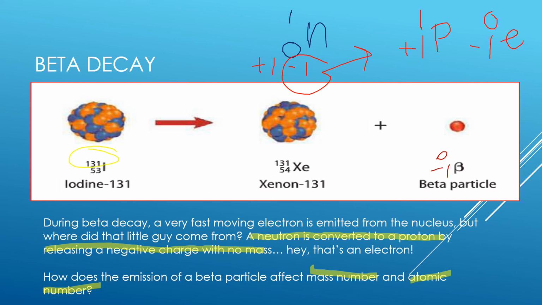Now I want you to look at the mass numbers on the right. So I have 131 plus 0, which is still 131. Now let's look at atomic number. I have an atomic number of 53 on the left, and on the right, 54 plus a -1, and that's equal to 53. So atomic numbers and mass numbers should be equal on both sides of a nuclear reaction.